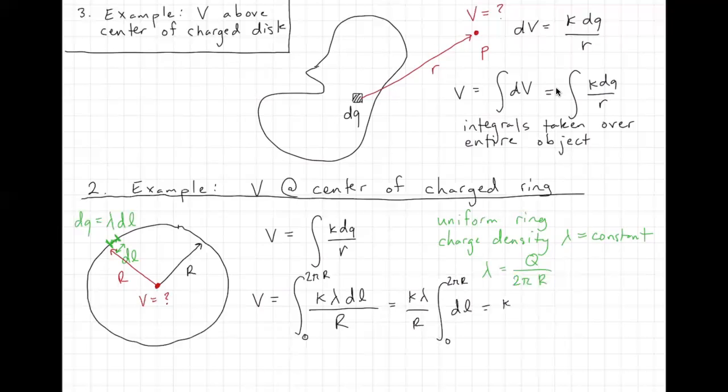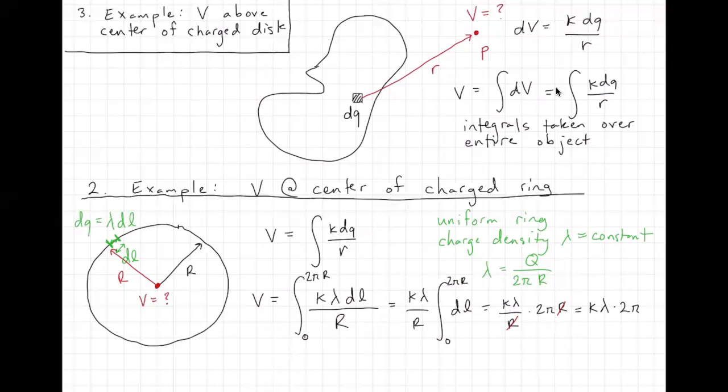So k lambda over r times 2 pi r. The r's cancel here. So the potential is just k lambda times 2 pi. That's the potential.